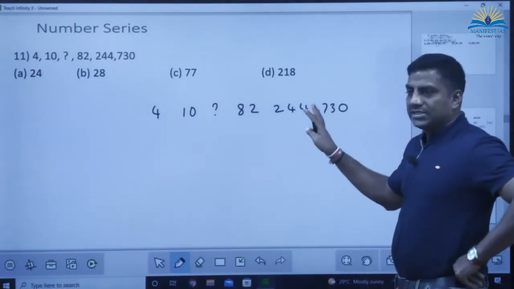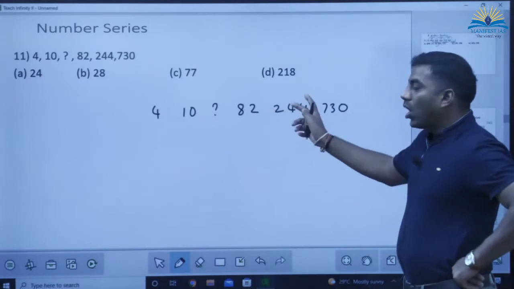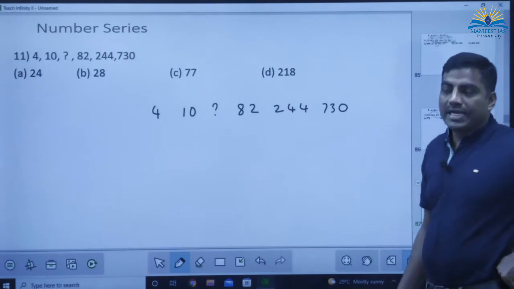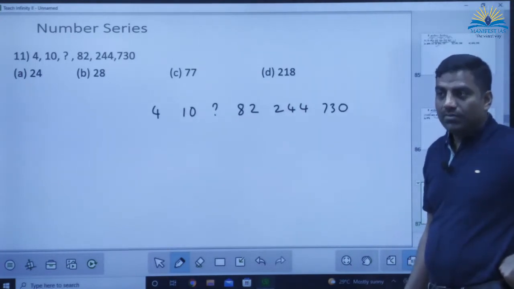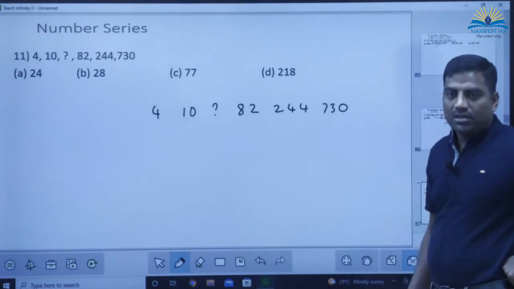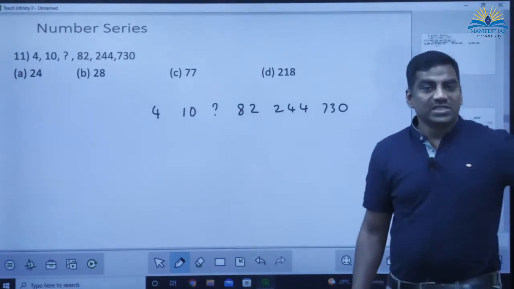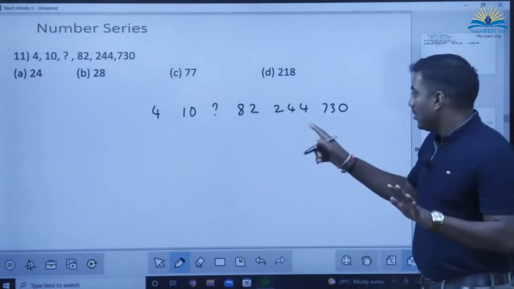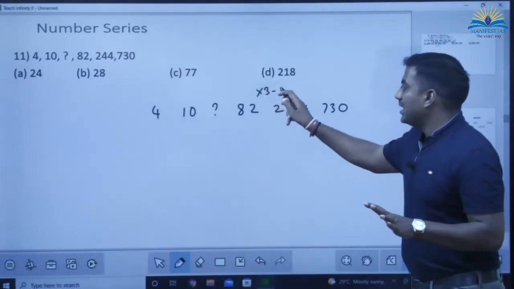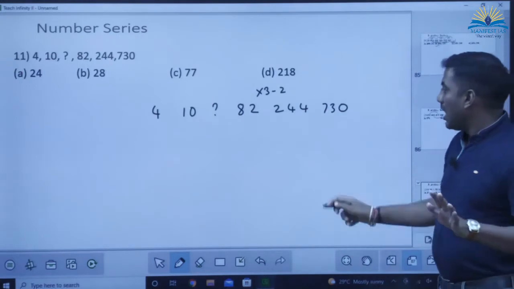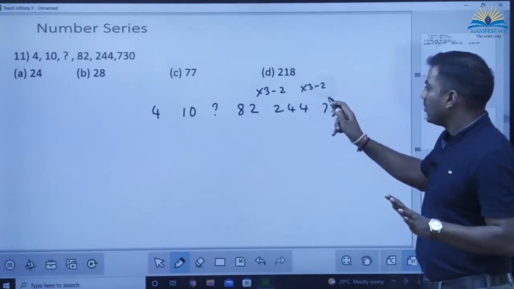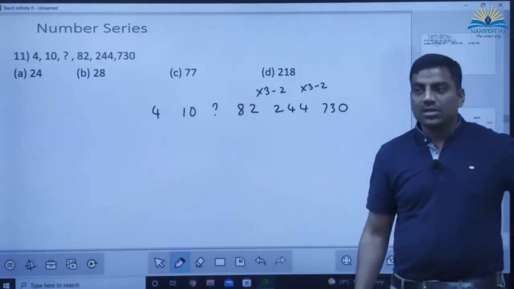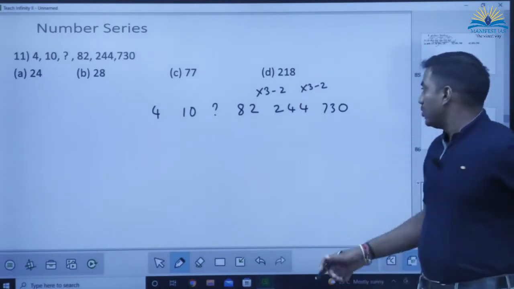If at all we are finding any relation here, 82 into what will get around 240? 82 into 3. 82 into 3 is what? 246 minus 2. Okay, this is a matter of chance. Into 3 minus 2. Again into 3 minus 2 here. 244 into 3 is 732. 732 minus 2.